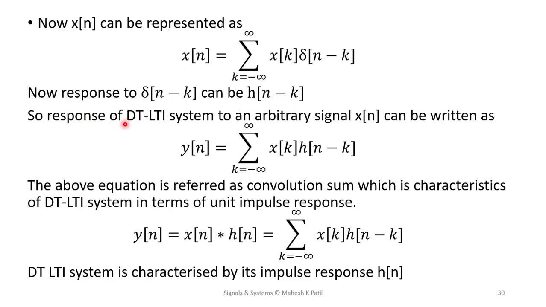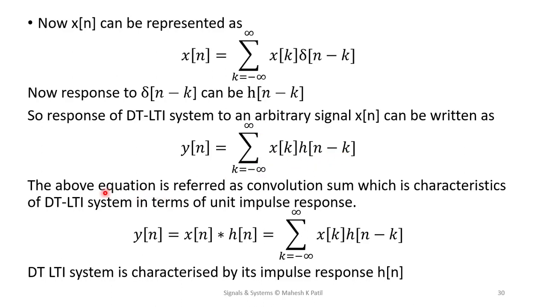So the response of this DT LTI system for any arbitrary signal x of n can be written as y of n equal to summation k varies from minus infinity to plus infinity x of k h of n minus k.